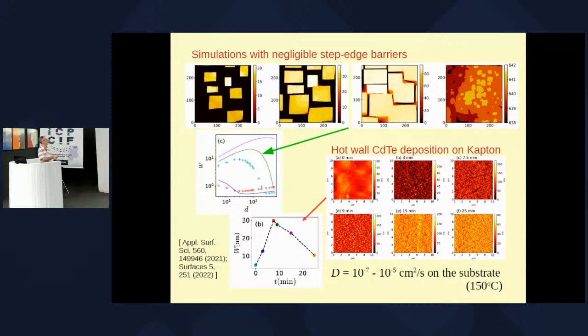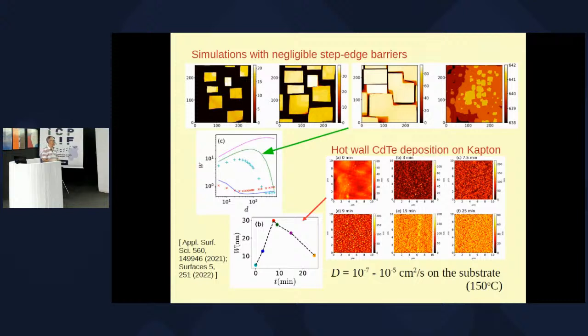And this was observed in hot wall deposition of cadmium telluride on polymeric substrate. Here are the results of the initial growth, and between 7.5 and 9 minutes of deposition, we see that the islands coalesce. There is evidence that the islands coalesce in this region, which is exactly the point in which they see the maximum of the roughness.